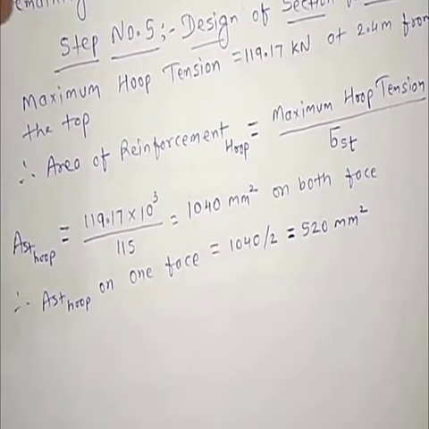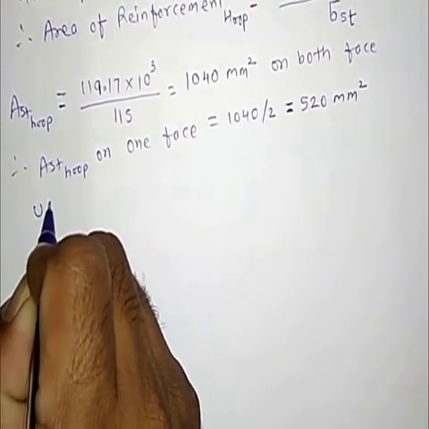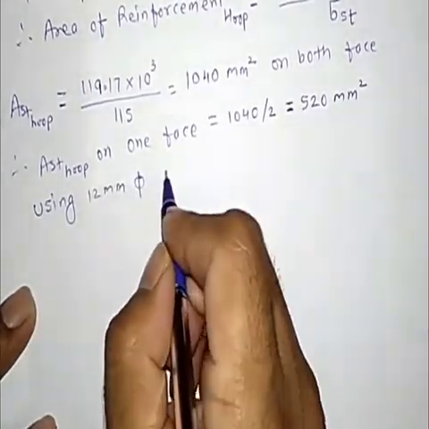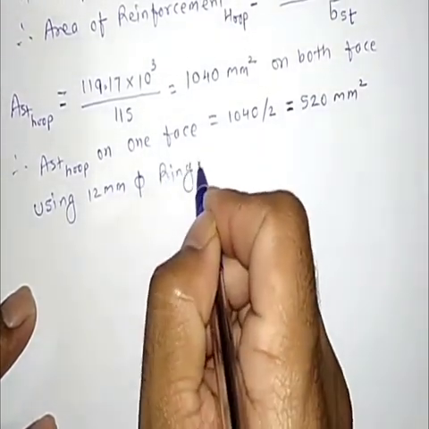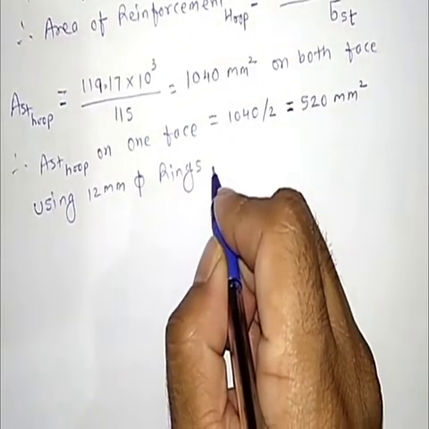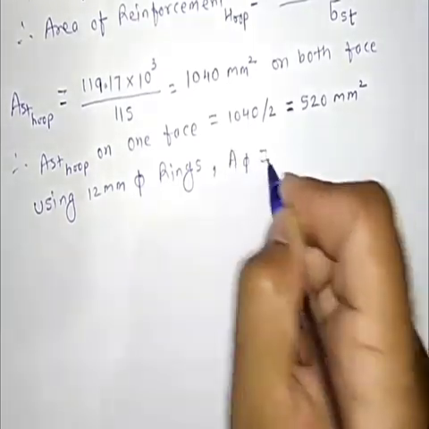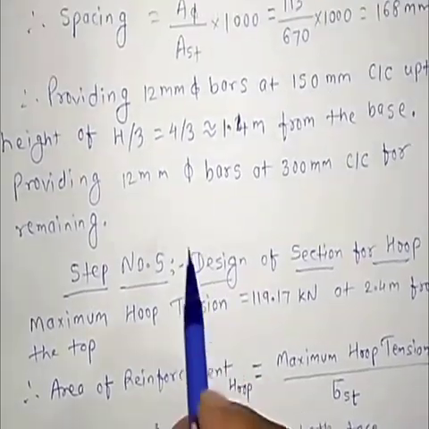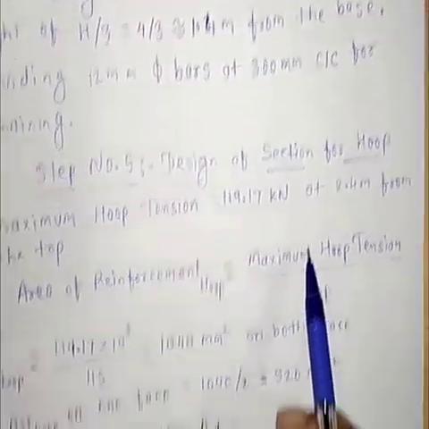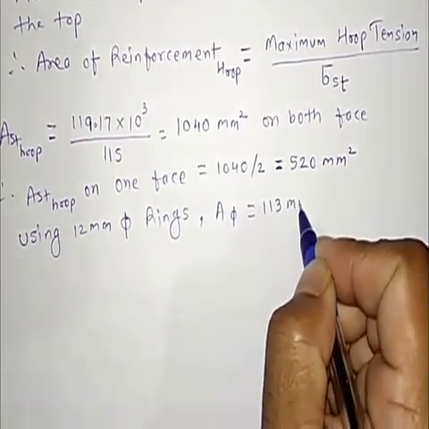So now you need to calculate the spacing. Therefore you can use 12 mm diameter. Now this hoop reinforcement is actually in terms of rings, and the area of 1 bar, which we already calculated in the earlier step for 12 mm, we got here, 113 mm square.